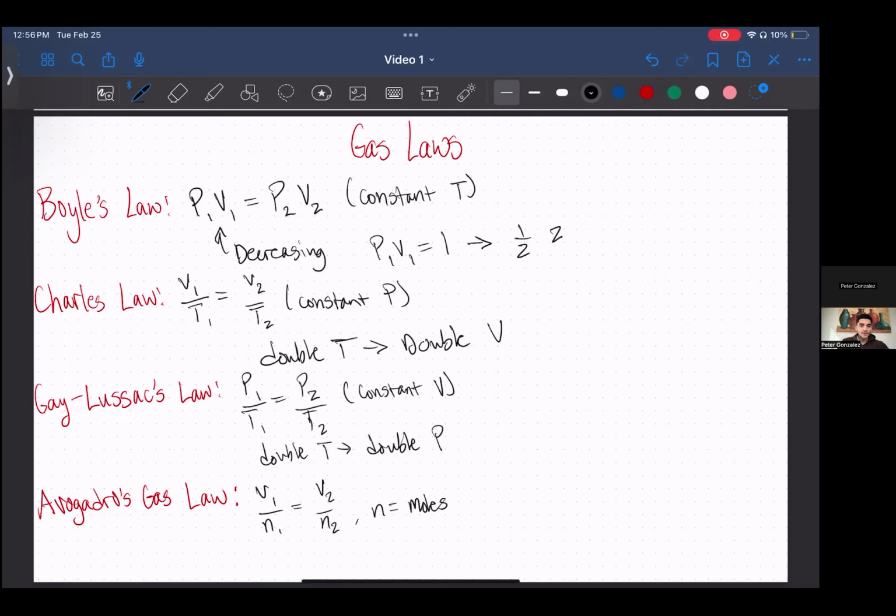And just in case anyone needs a refresher, maybe hasn't heard the word moles before, a mole is basically the number of molecules that there are in a substance per mole. So when we say 1 mole, that correlates to 6.022 times 10 to the 23rd molecules.